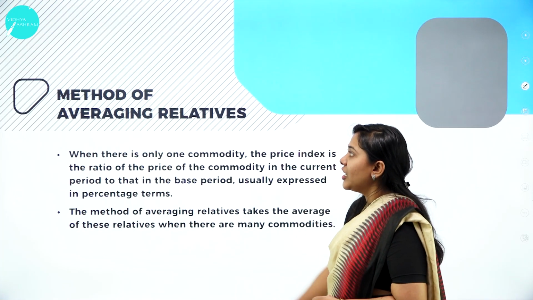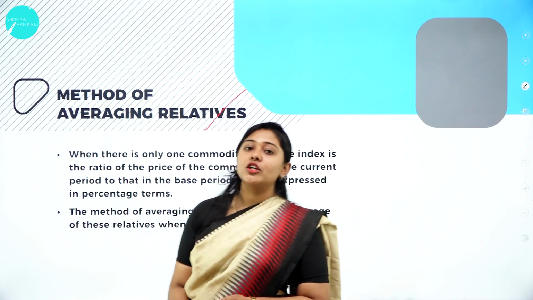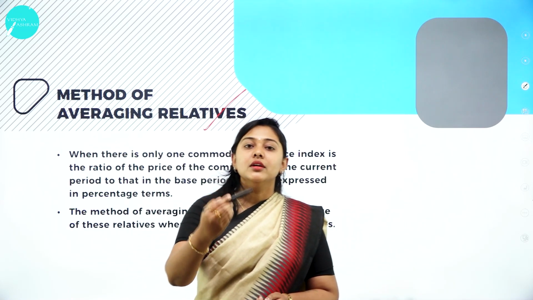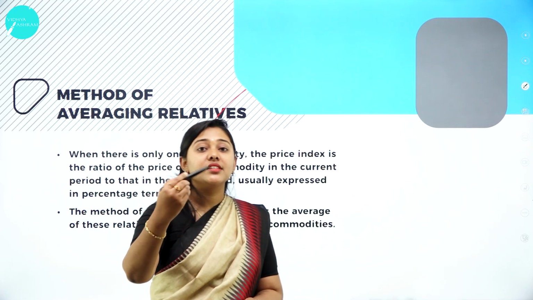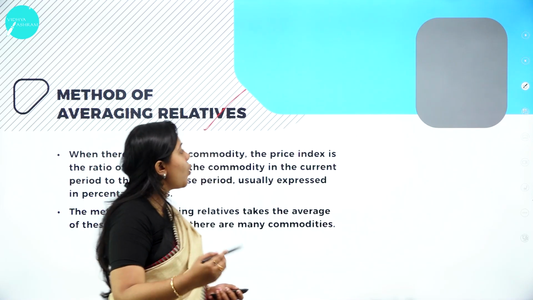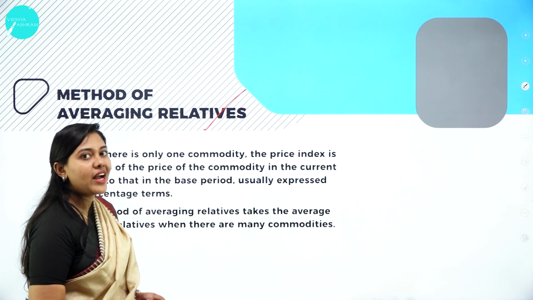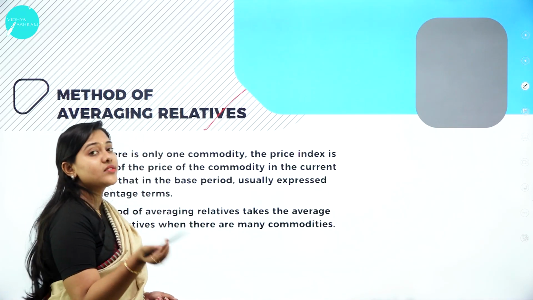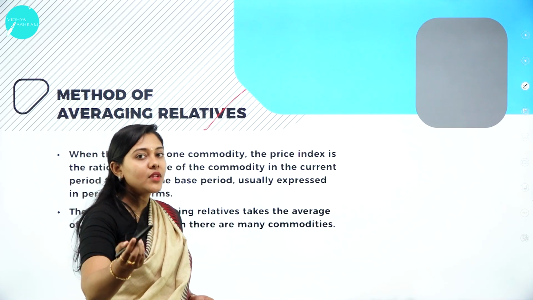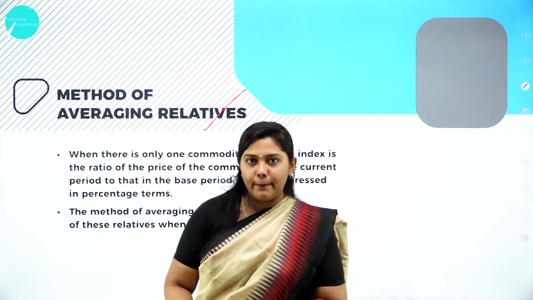Moving forward, let us understand another method of calculating your price index, your index number. What is that? It is the method of averaging relatives. Let us look into what averaging relatives is all about.